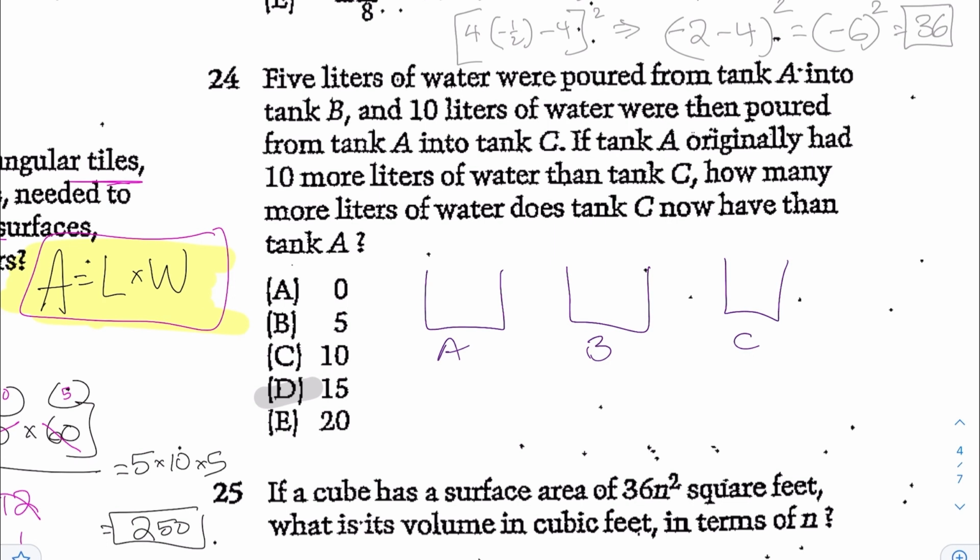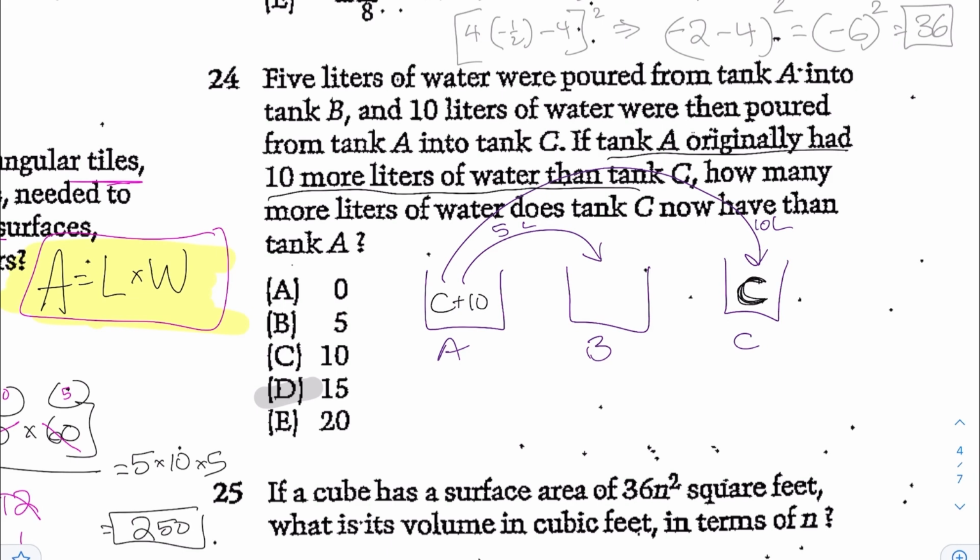And you know that 5 liters of water were poured from A into B. So now, B has 5 more, and A has 5 less. And then you're not done though, because you also pour 10 liters of water from A into C. Now, originally, A had 10 more liters of water than tank C. So if we call C, for tank C, originally has C liters of water, A would have C plus 10.